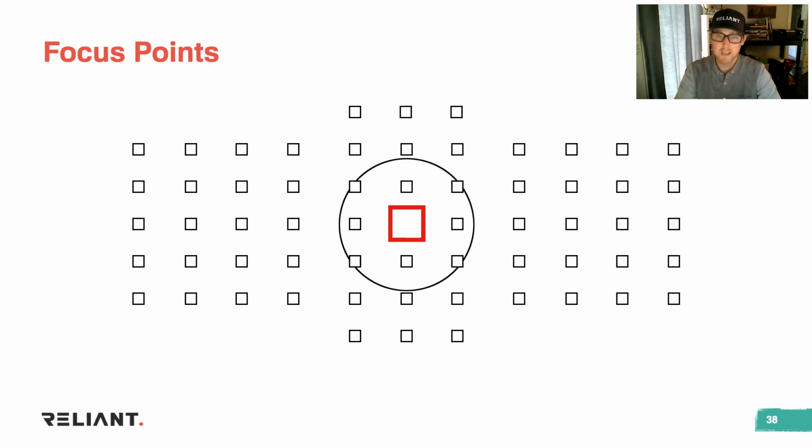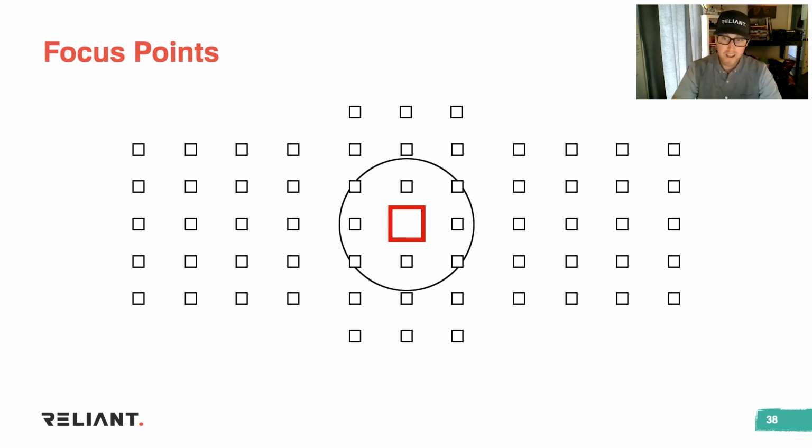But what if that subject's eyes are not in the center of the frame? Many photographers will focus on the eyes with the center focus point, and then while holding focus by pushing the shutter button halfway down, they will recompose or move the camera to get the composition they want.